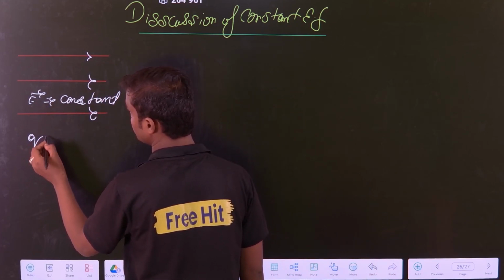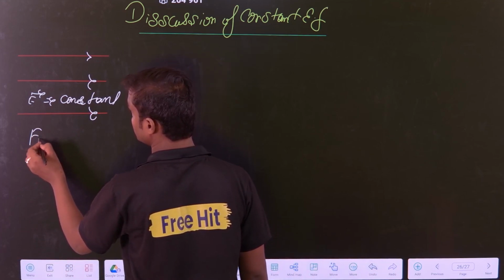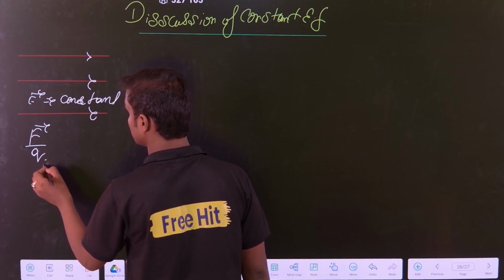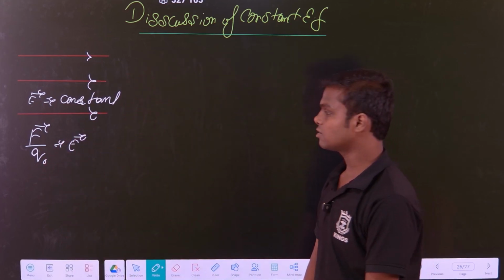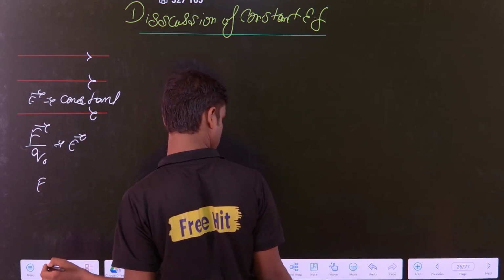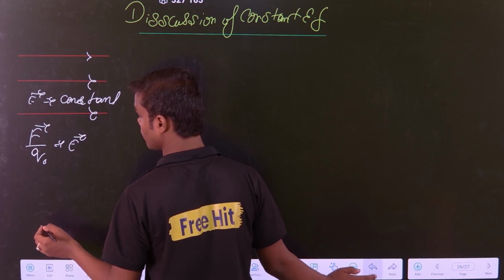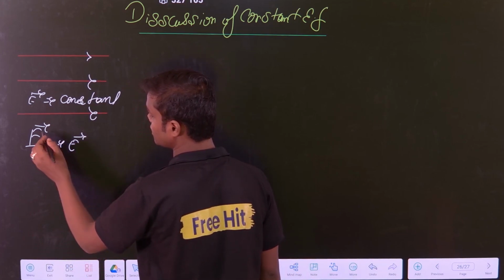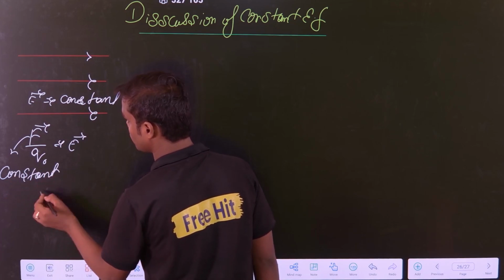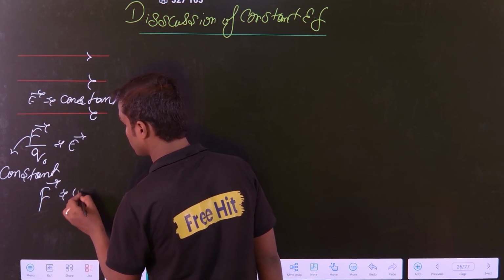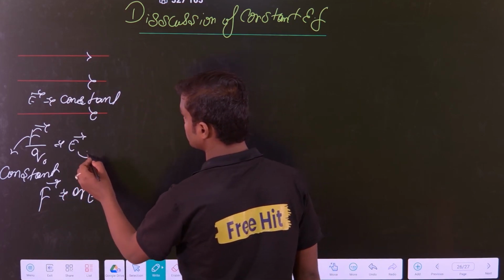E is nothing but F by q0, that is my E. So from here I can say F is equal to qE. If E is constant, can I say F will also be constant? Yes or no? Because F is equal to qE, and q is constant, so if E is constant, F is constant.